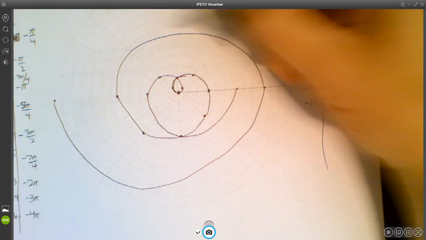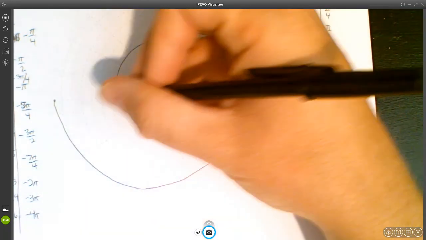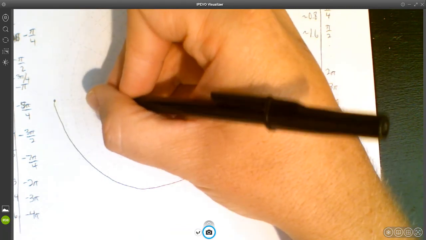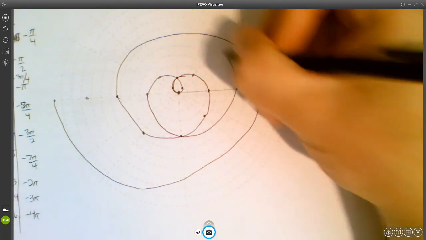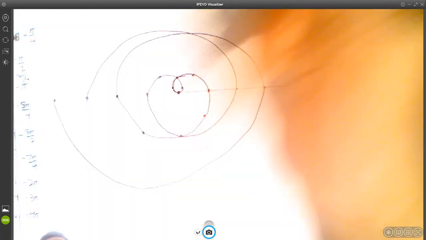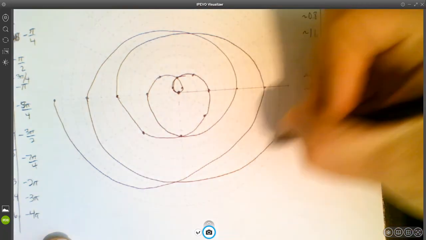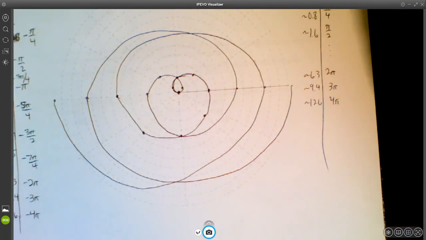This is 2 pi, this is 3 pi, so at 3 pi I'm going to be at 9.4. And at 4 pi, I'm going to be at 12.6, so somewhere kind of out here. Anyway, this is the picture you get. So it's this spiral, this double-edged spiral.